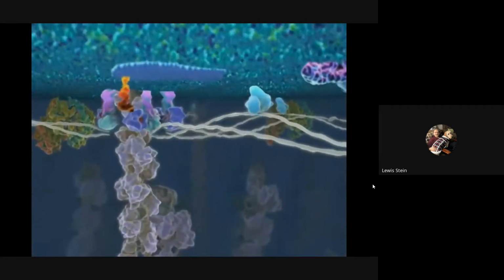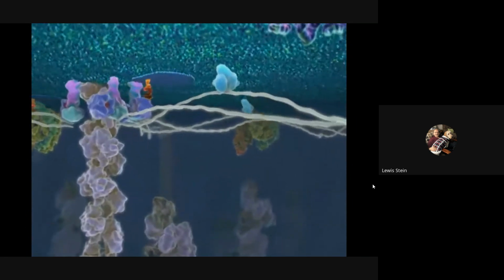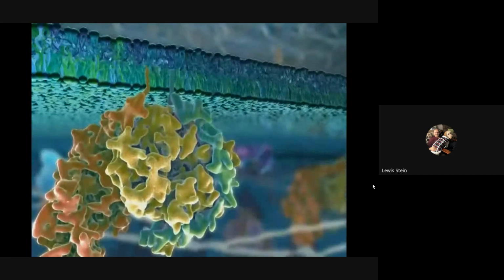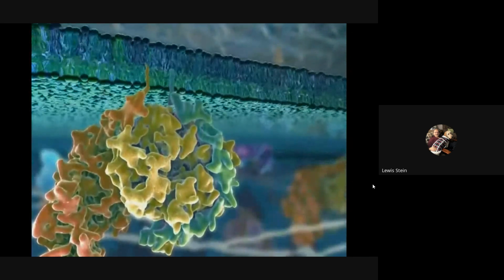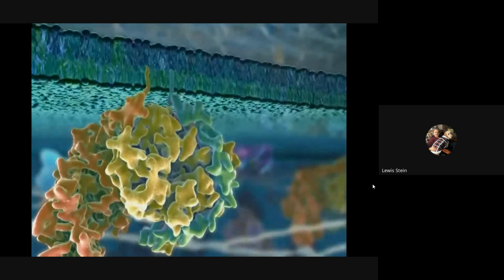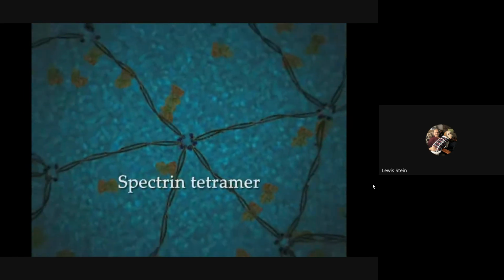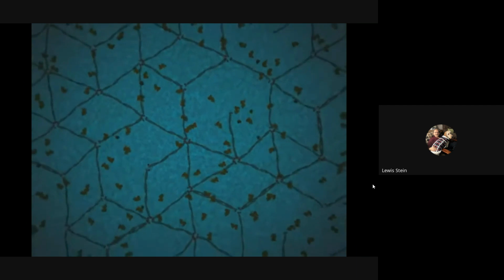See the shape. So it's highly organized, even though it moves so freely.